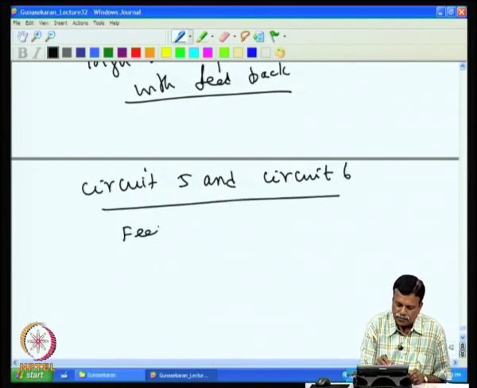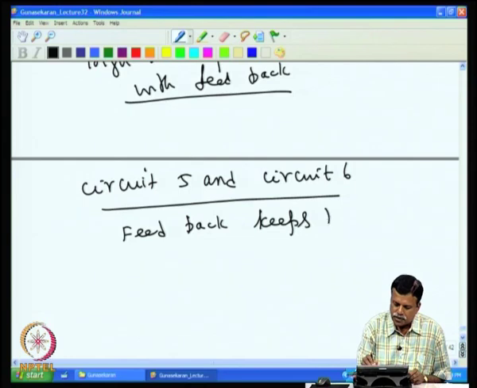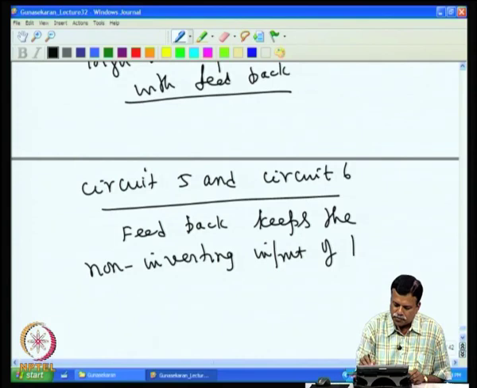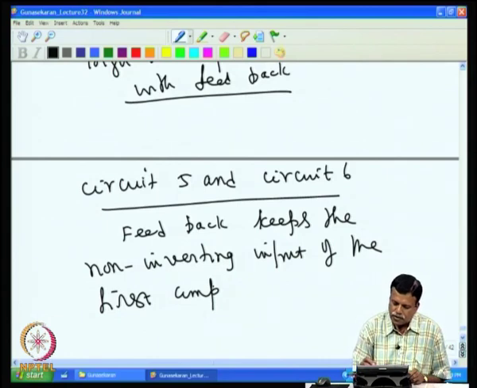feedback keeps the non-inverting input of the first amplifier near to ground potential.